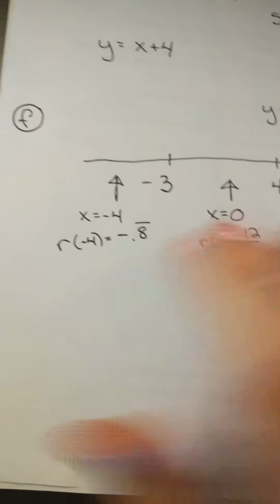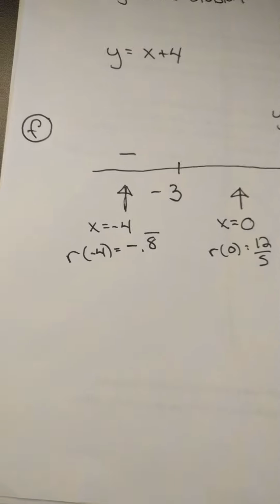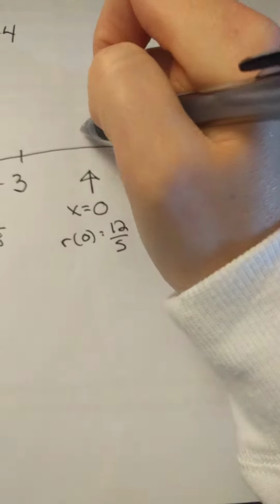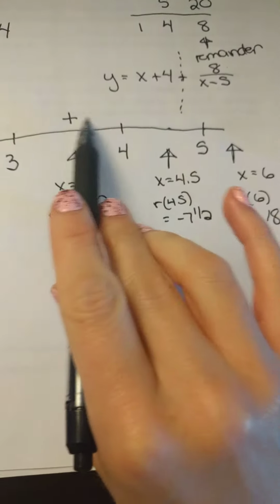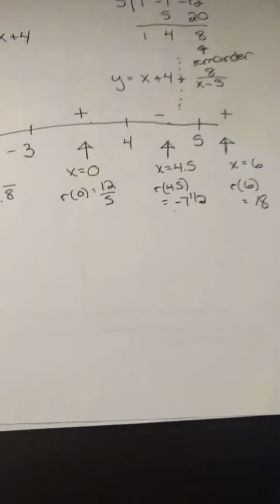Since this value is negative, every value on the graph in this interval will be negative. Since this one's positive, every point on this graph in this interval will be positive. Same thing here. This one will be negative. This one will be positive as well.